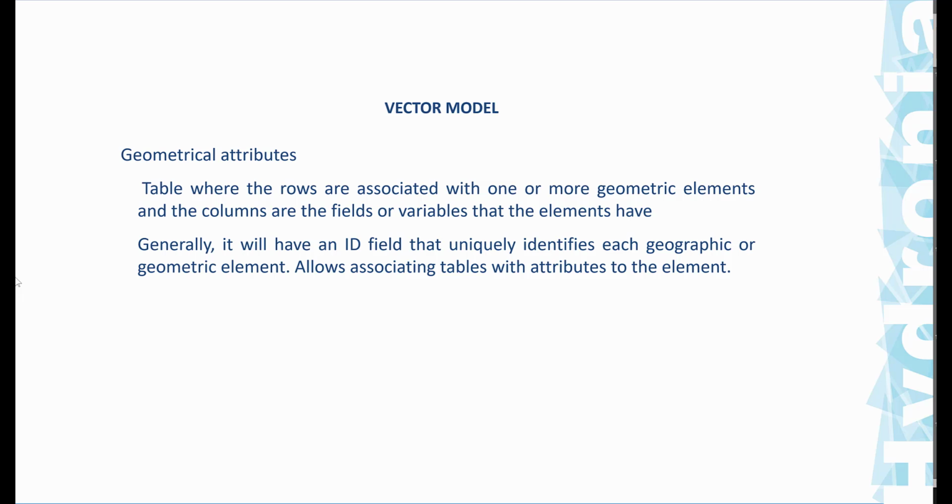The attributes are stored in a table where the internal identifier associates an element or several spatial elements to a record in the table. So if you want, for instance, to associate one point to one depth, that's a valid thing. But you can associate one spatial element to many records as well. It depends on the applications you are dealing with.